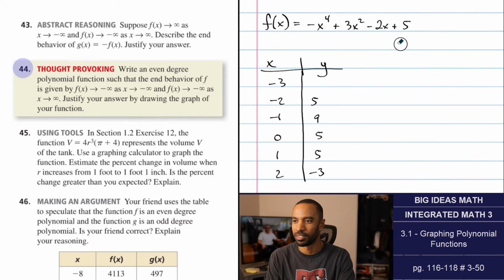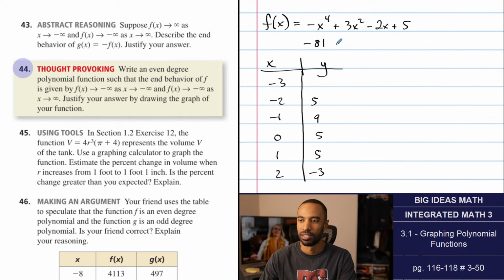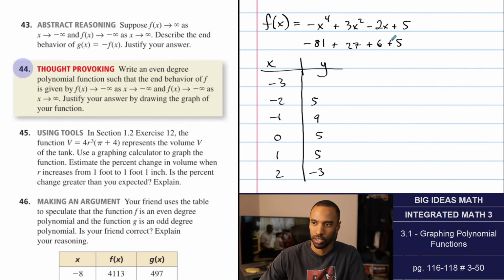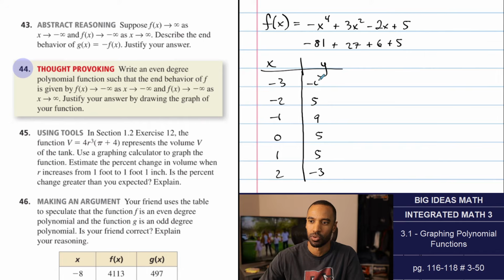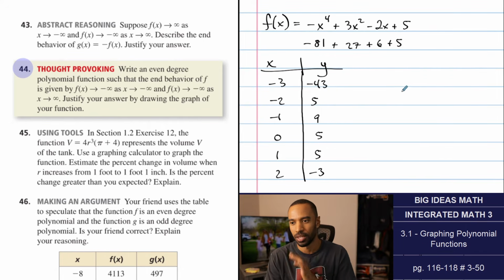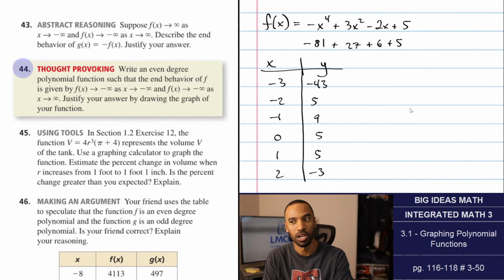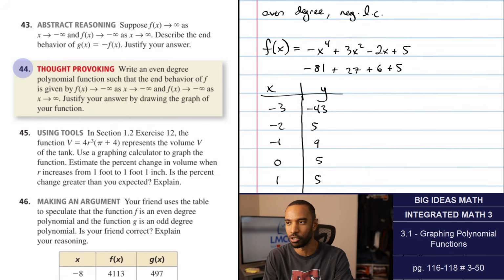Now it should go down: negative 81 plus 27 plus 6 plus 5. All right, 27 plus 6 is 33, plus 5 is 38. Negative 81 plus 38 is negative 43. So negative 43. There's the downturn. Man, these functions, when they want to change direction, whoo, they fly in the other direction, I tell you.